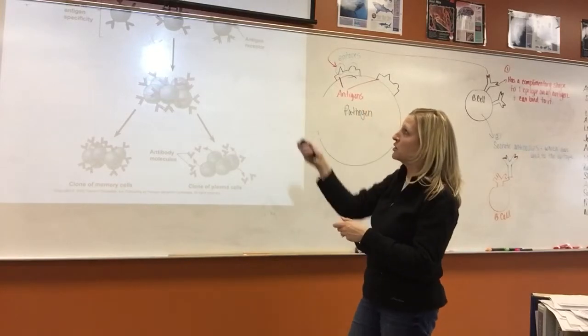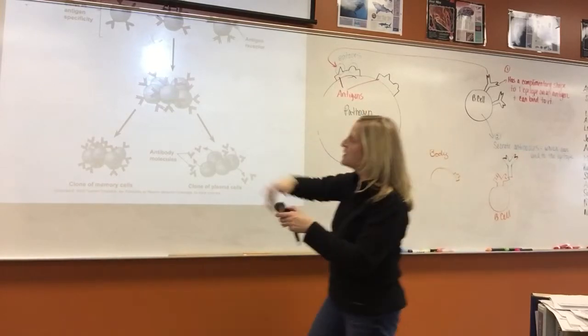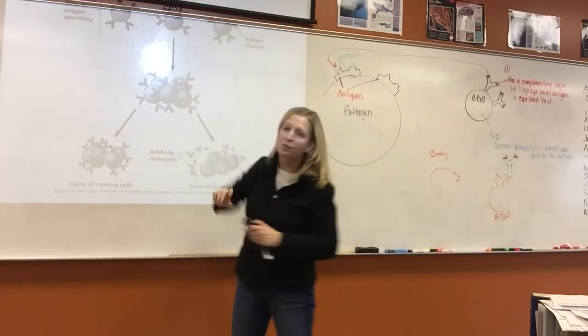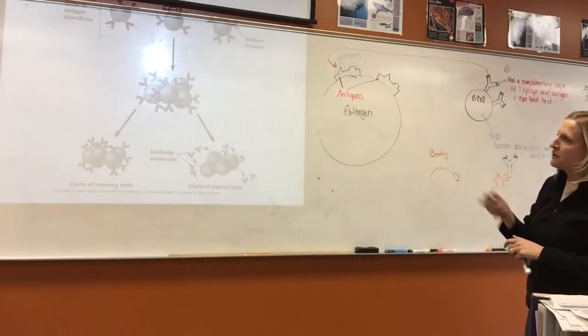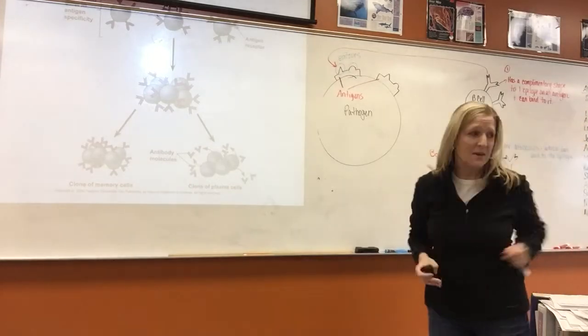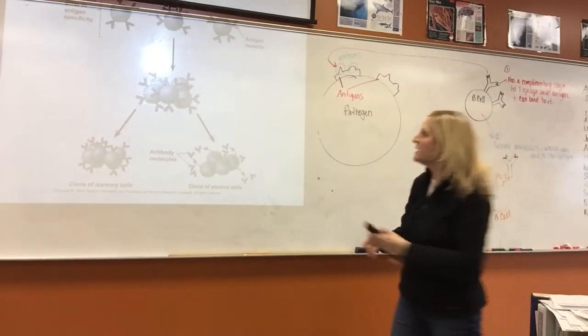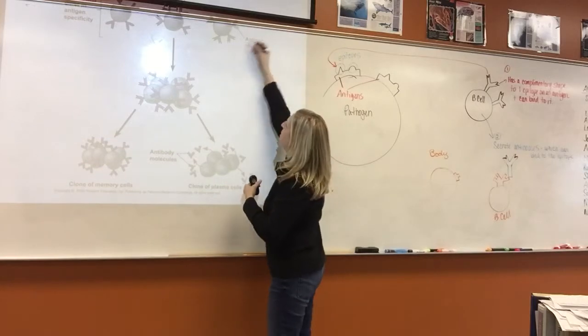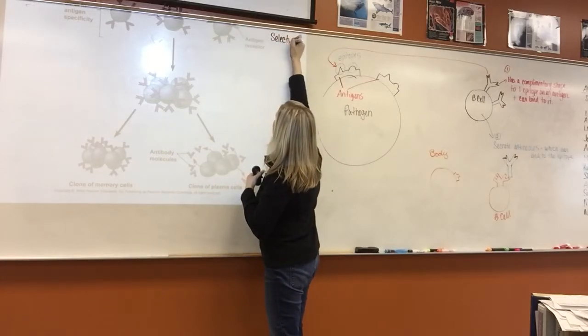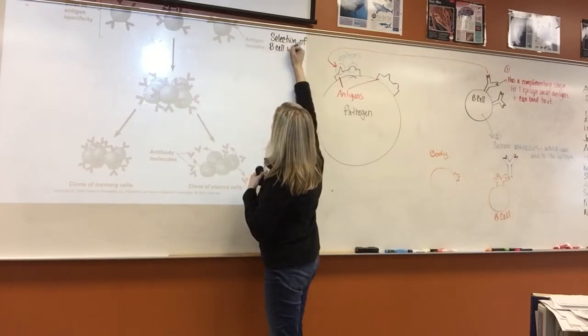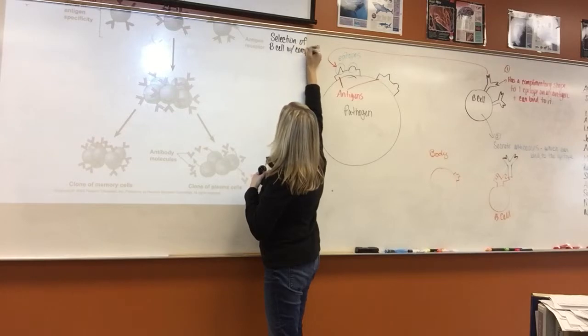In this particular picture, it's the middle one, because the middle one has the complementary shape. This one is more diamond shaped, and so the antigen molecule can fit right into those receptors. So that's the B cell that we want. I'm going to write up here for this first step: selection of B cell with the complementary shape to the antigen.